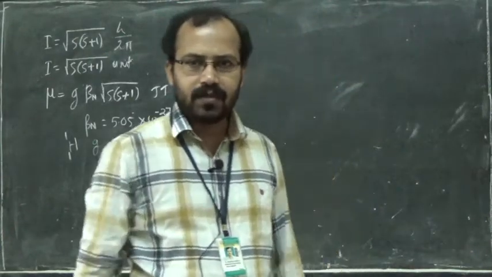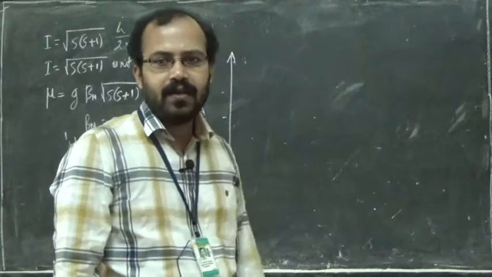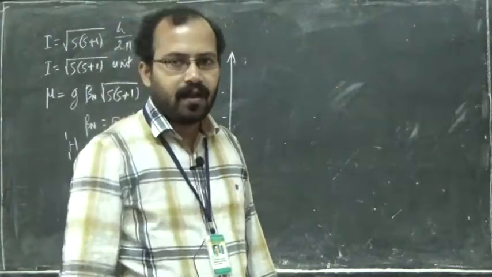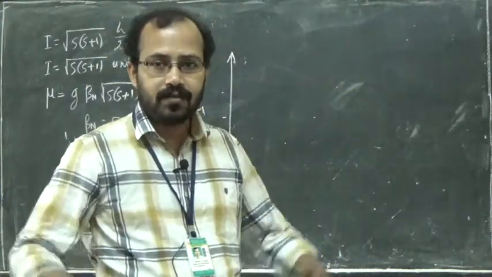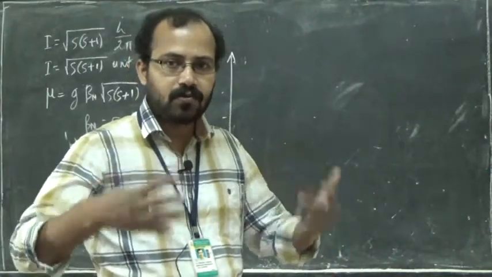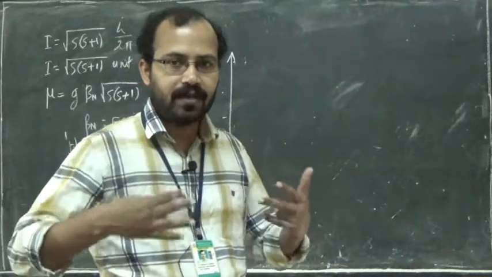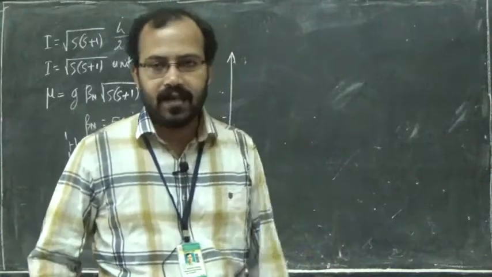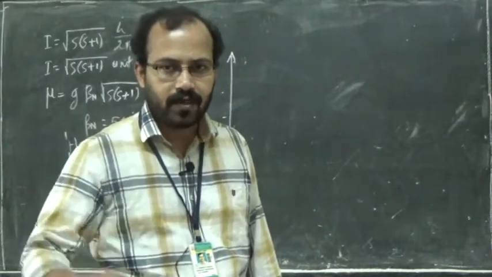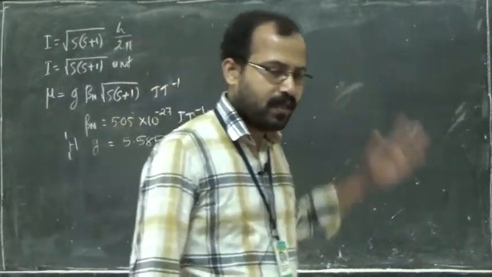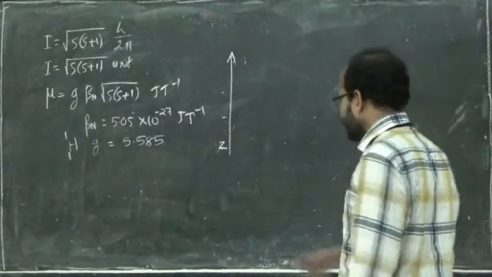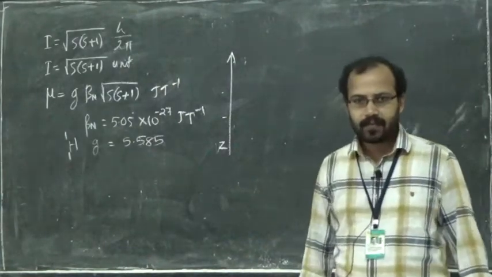You have to suppose that in the Z direction the external magnetic field is being applied, or the lines of force of the external magnetic field are in the Z direction. That is how we have set the reference direction.